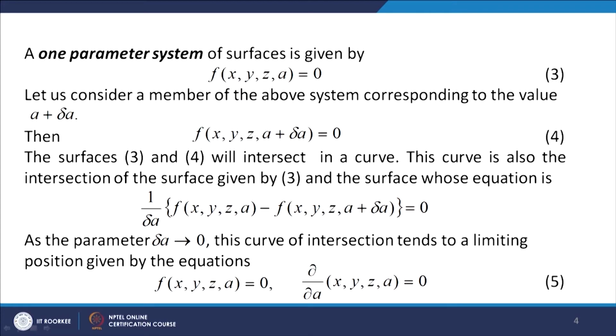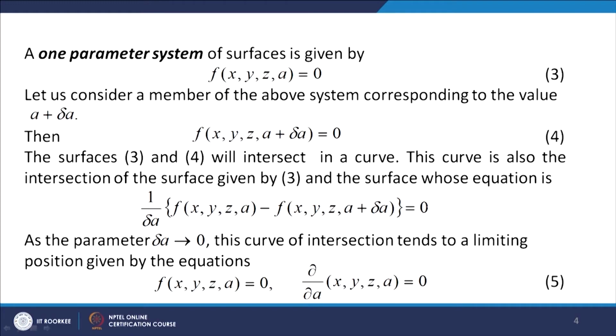Then f(x, y, z, a + delta a) = 0. The surfaces 3 and 4 will therefore intersect in a curve. This curve is also the intersection of the surface 3 with the surface whose equation is (1/delta a)[f(x, y, z, a) - f(x, y, z, a + delta a)] = 0. Why?